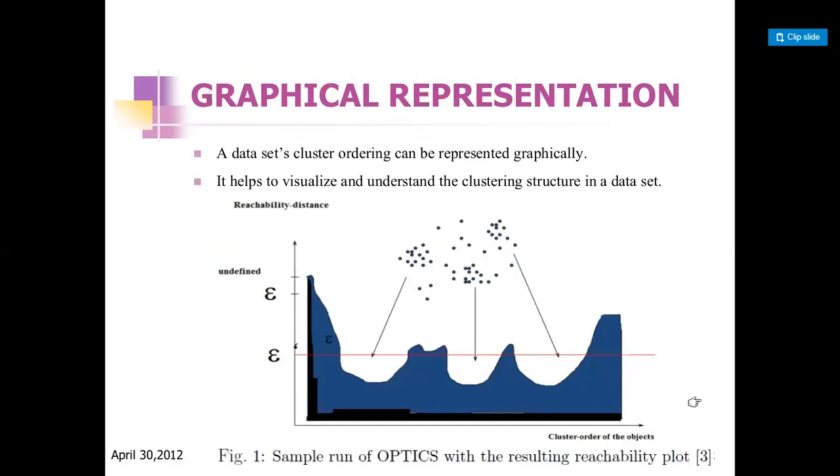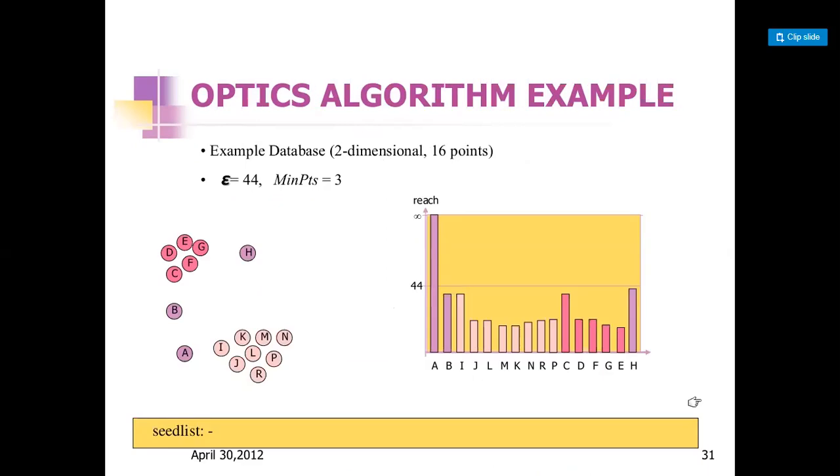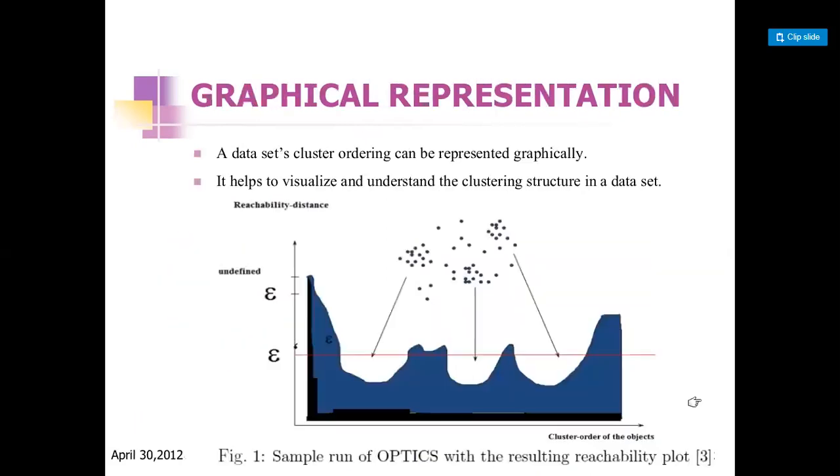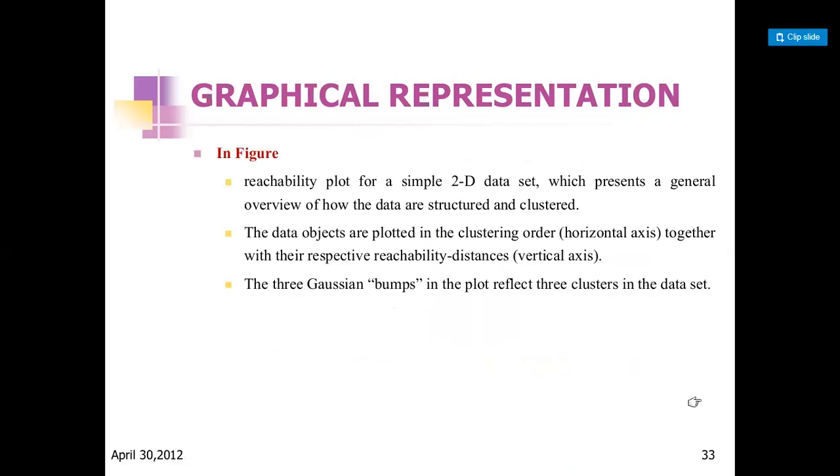The three curves represent that there are three types of clusters. It helps to visualize and understand the clustering structure in the database, and the dataset cluster ordering can be represented graphically. The length of the bar easily shows that there are three clusters, because there are three curved regions.